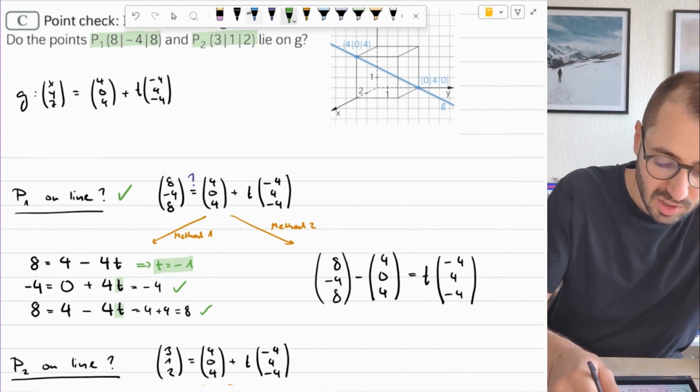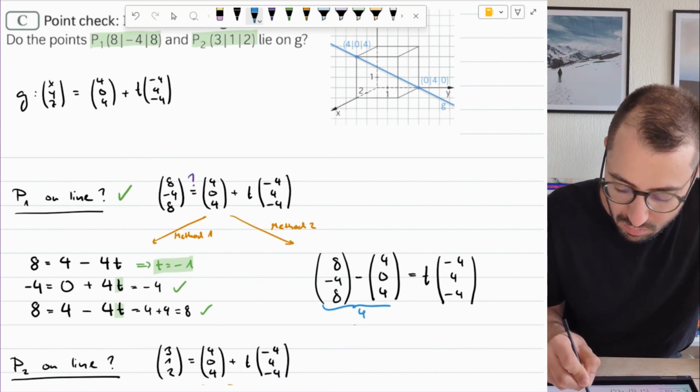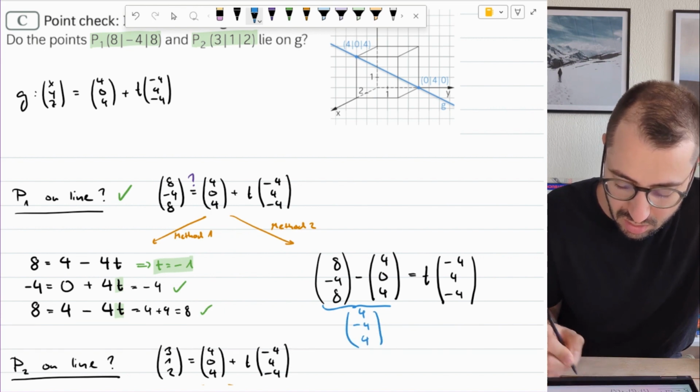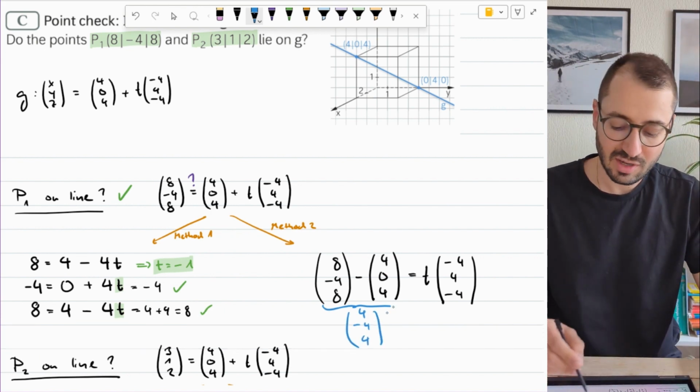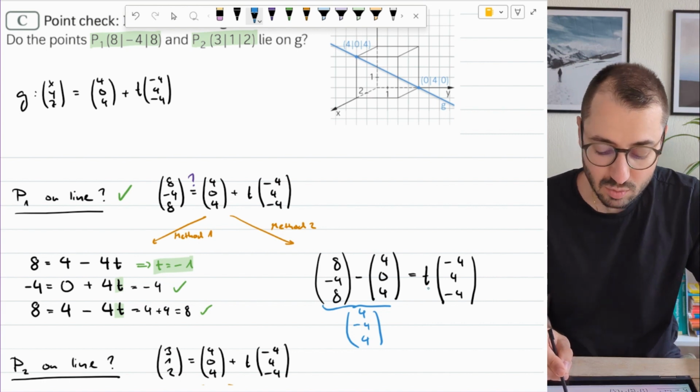This part gives you (4, -4, 4), and then we already see directly that this holds true if t is equal to -1.